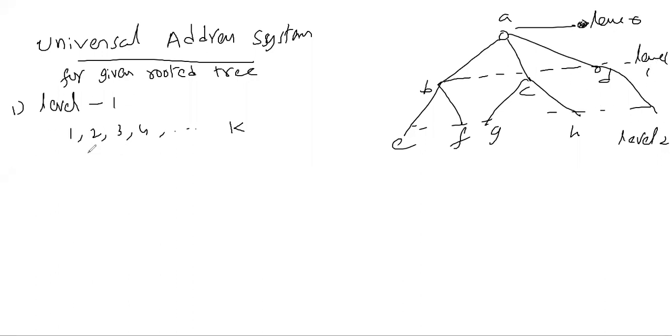Initially the root is level 0. So in level 1, you name all the vertices 1 2 3 4 and so on up to k.